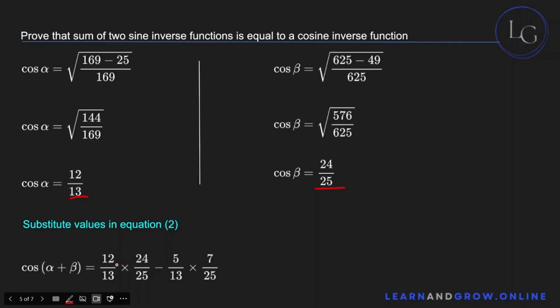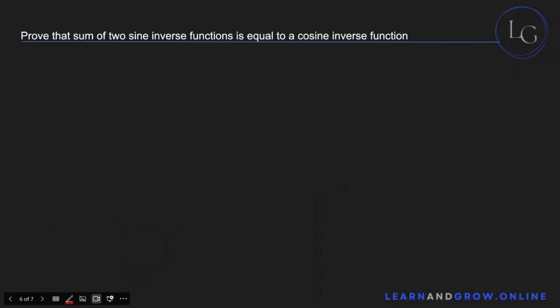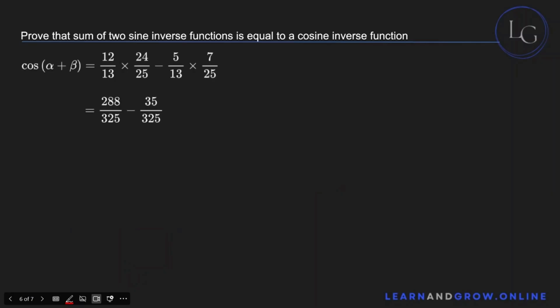So cosine alpha plus beta was equal to cosine alpha, which is equal to 12 by 13, into cosine beta, which is now equal to 24 by 25, minus sine alpha and sine beta. So the value turns out to be equal to 253 by 325 exactly.